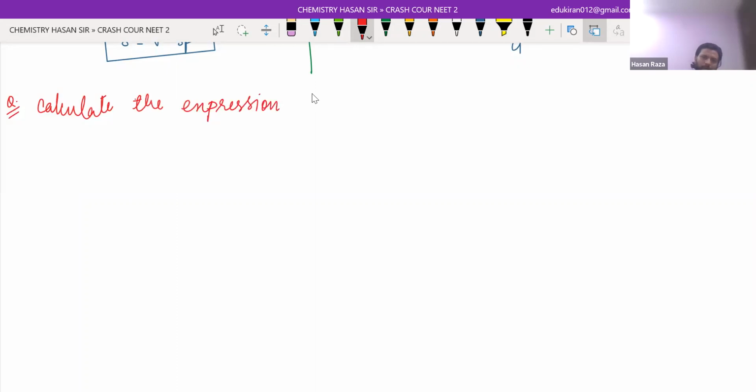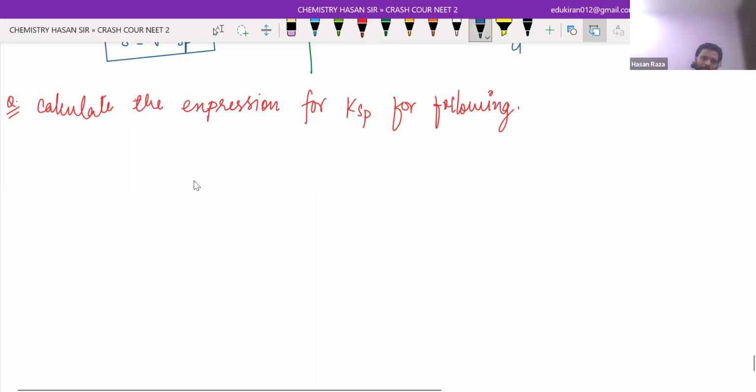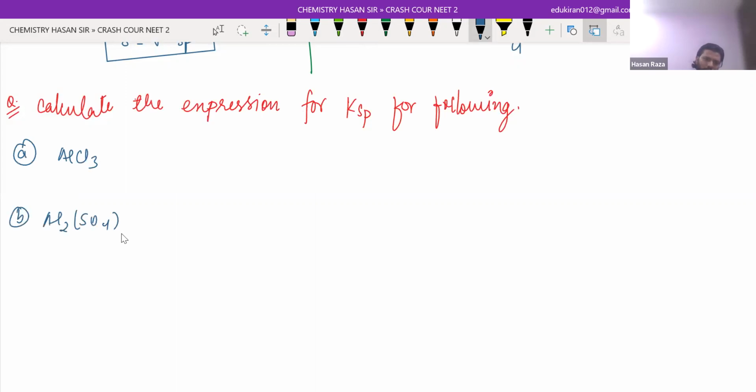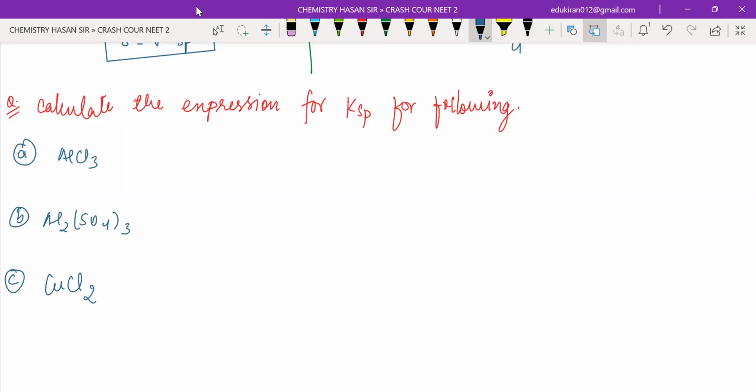Calculate the expression for Ksp of the formula AlCl3, then Al2(SO4)3, then I'm going to get CuCl. Please do this.